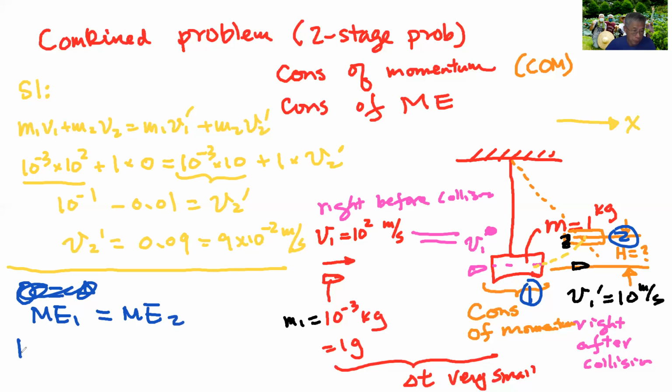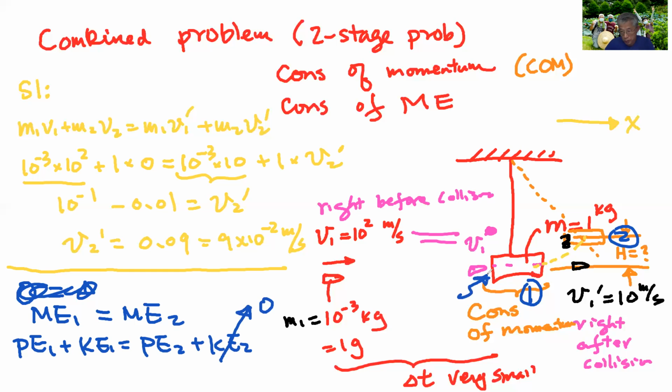So PE1 gravitational plus KE1 is equal to PE2 plus KE2. I know it comes to rest right here, so KE2 is 0. I'm going to assume this is my reference for the gravitational potential energy, so that's 0.